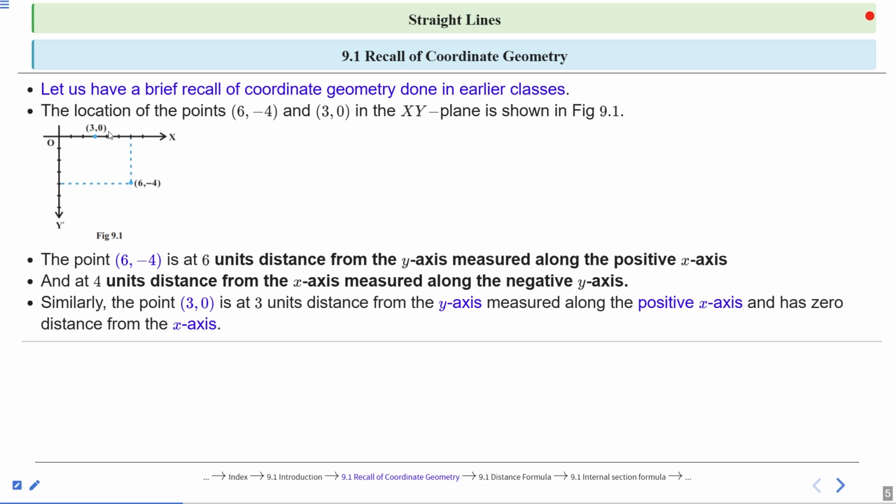So this point (3, 0) is located on the positive x axis. Clear? I think it is clear to all of you.